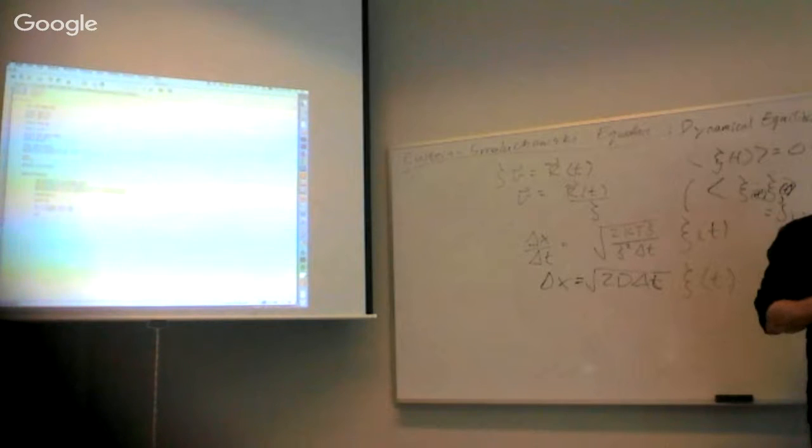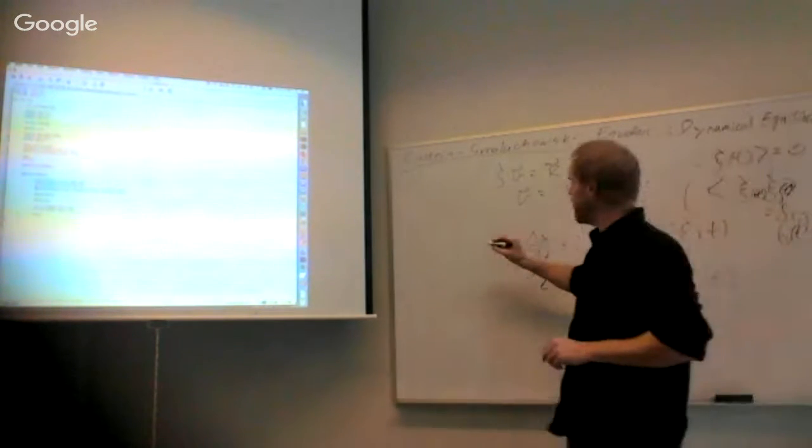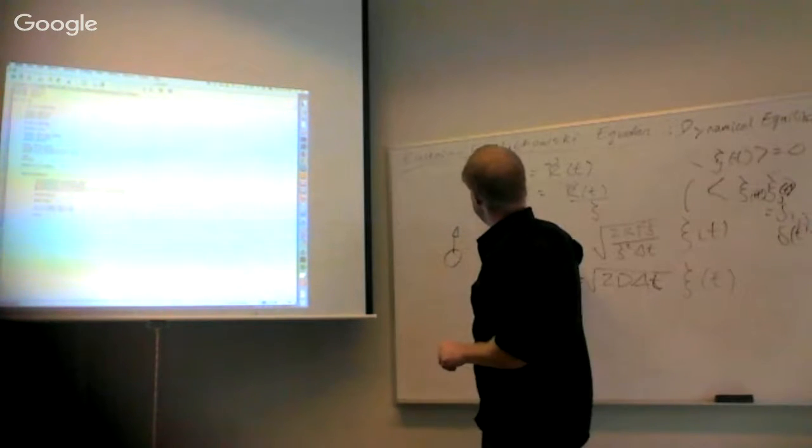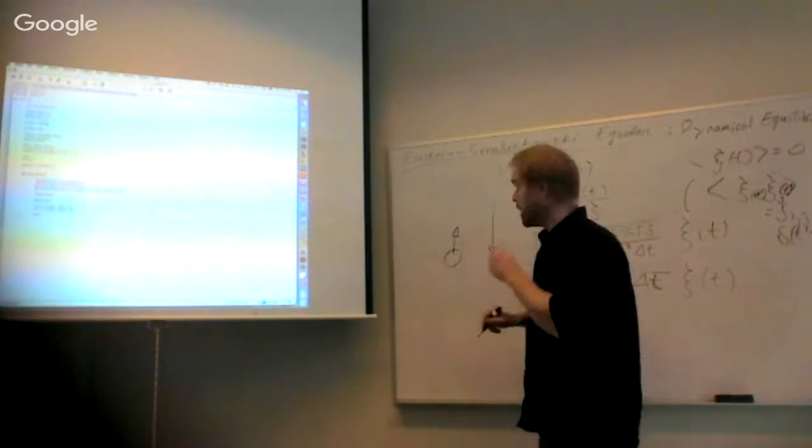So what do you think this motion is going to look like? Very similar to the random walker. Thinking about Langevin dynamics, we have a particle here that's traveling at velocity. It gets a kick like this. What happens?